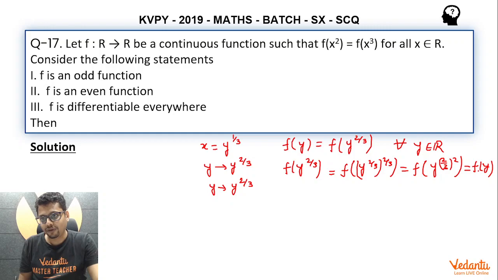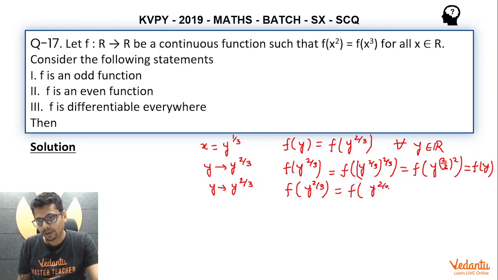So now f of y equal to f of y to the power 2 by 3 whole square. Again, let's put y as y to the power 2 by 3.